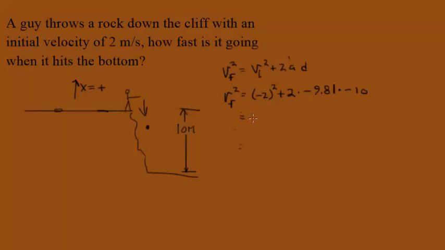And so we have our final velocity squared equals 200.2 meters squared per second squared. If we take the square root of that, we have plus or minus our final velocity equals plus or minus 14.1 meters per second. And we know it's minus because it's going in the negative direction.